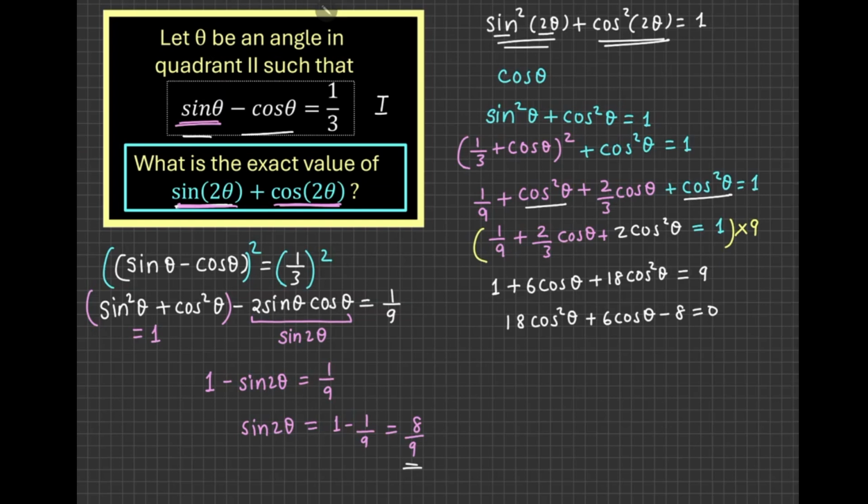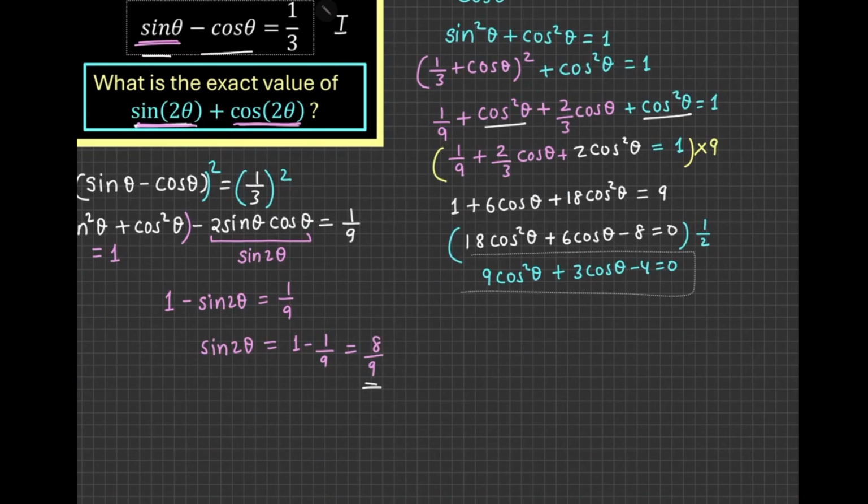Now we're going to divide this entire equation by 2, and that would give us 9 cosine squared theta plus 3 cosine theta minus 4 equals 0.